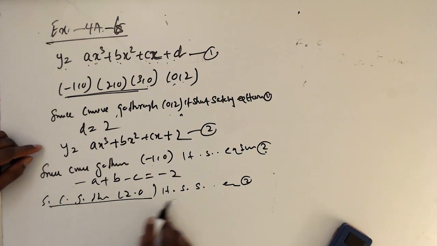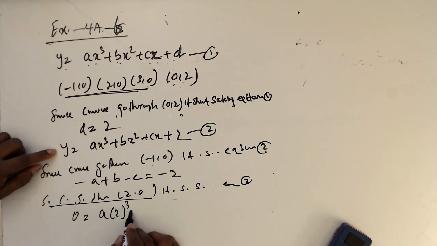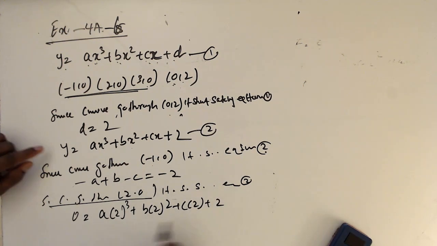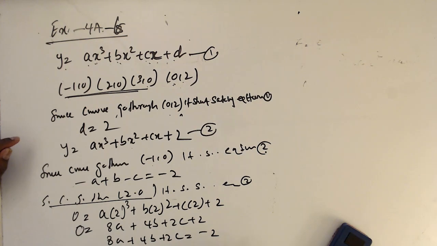Then I'll substitute this point 2, 0. The y value is 0. A times 2 cube, B times 2 square plus C times 2 plus 2. This is 8A plus 4B plus 2C plus 2 equals 0. So 8A plus 4B plus 2C equals minus 2.